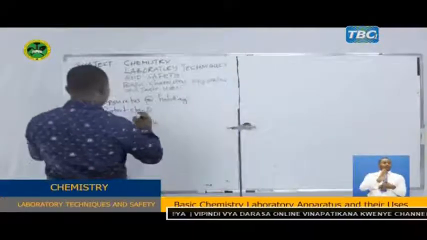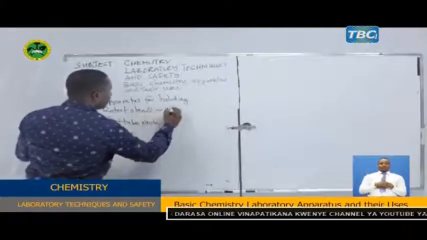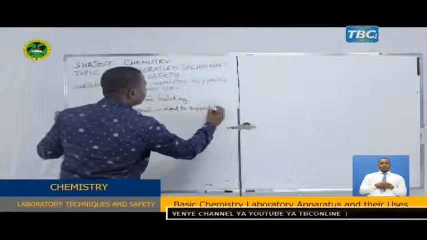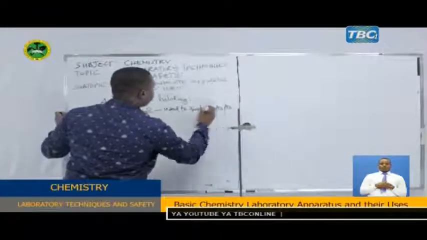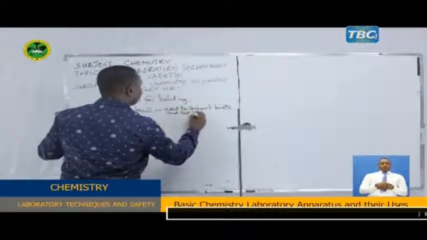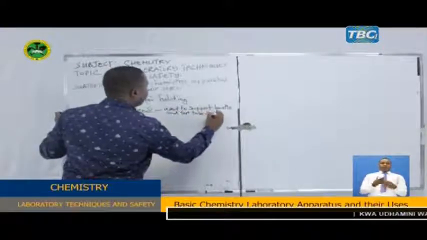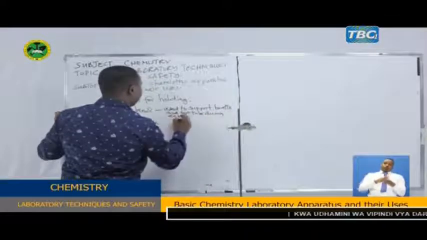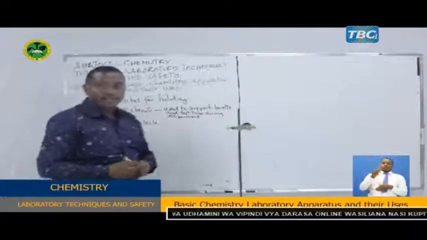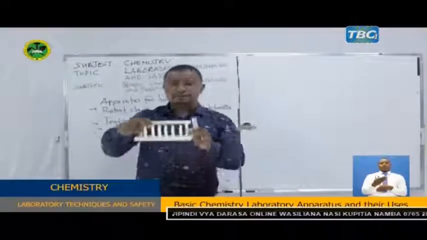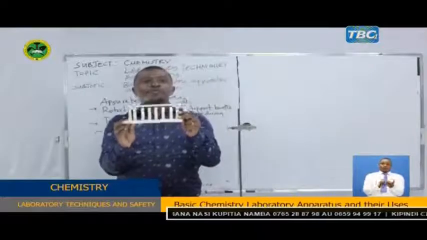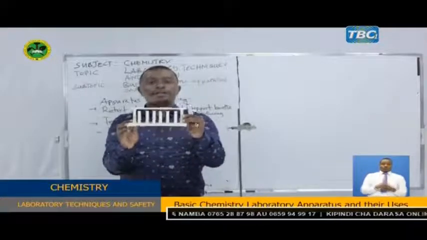So we have the other one which is known as a test tube block. It is this one here. It is used to store and support test tubes in an experiment.